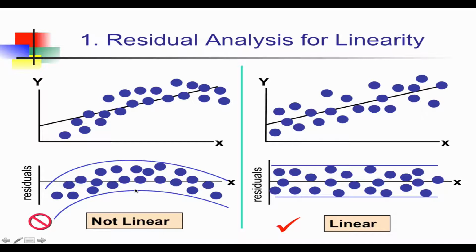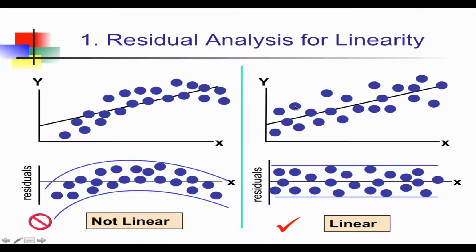And this basically means that the relationship between y and x is not linear. However, if this is completely random, with no trend of going down or going up, or a curvy or other type of relationship, that basically means that your residual has a random pattern as x changes. So essentially, what does that mean on this plot?